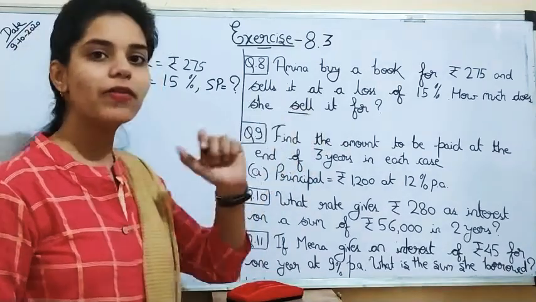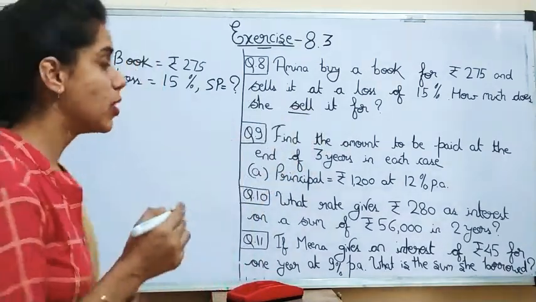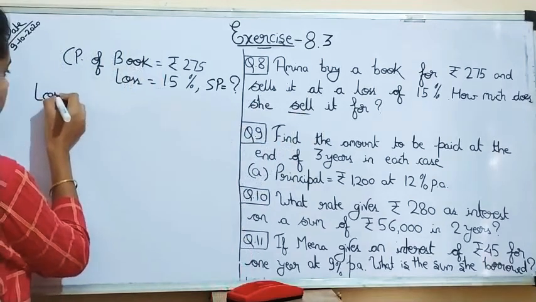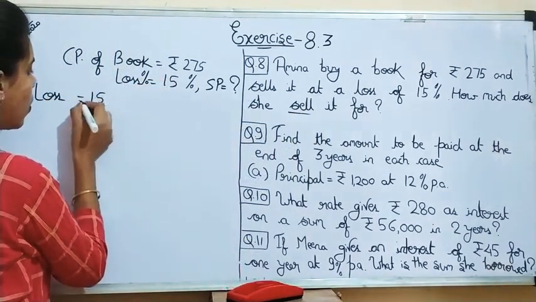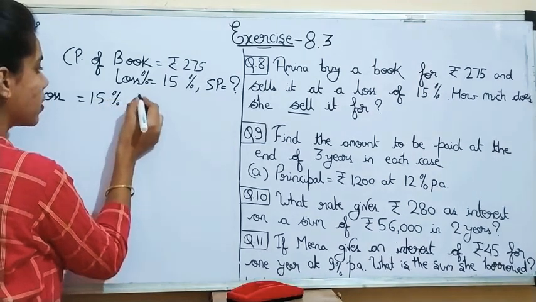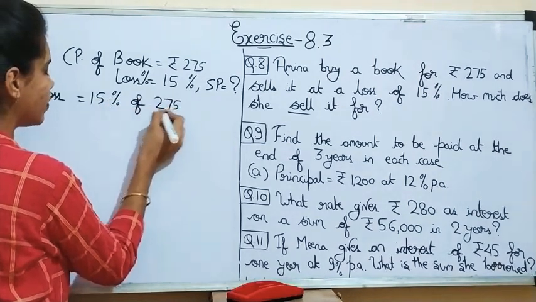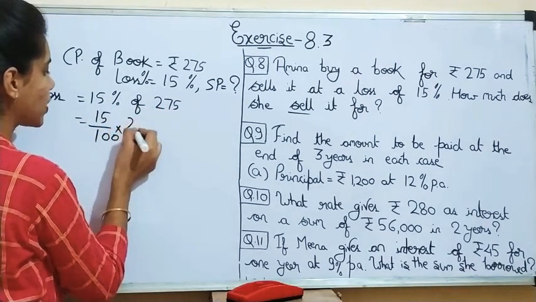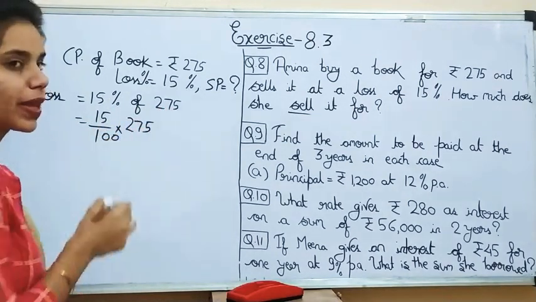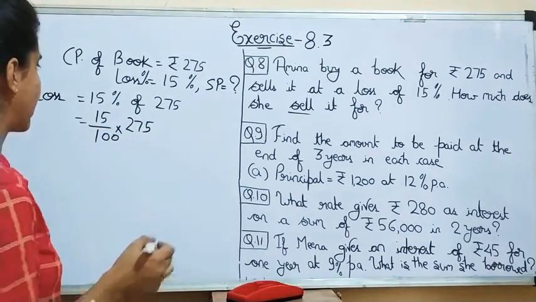So first of all we will find the loss. The loss is 15% of 275, so 15 by 100 into 275. In this way we can write.